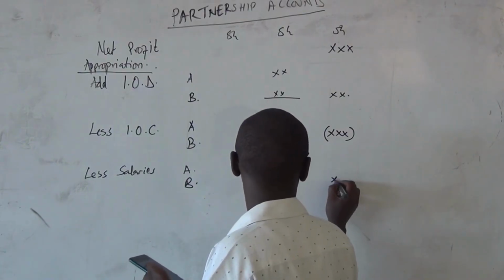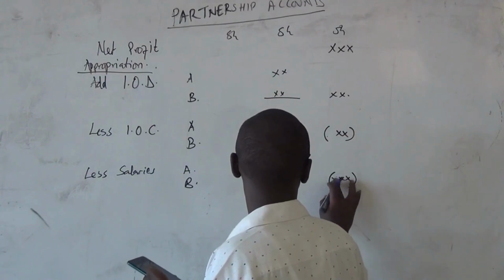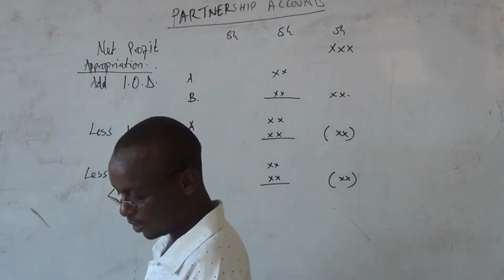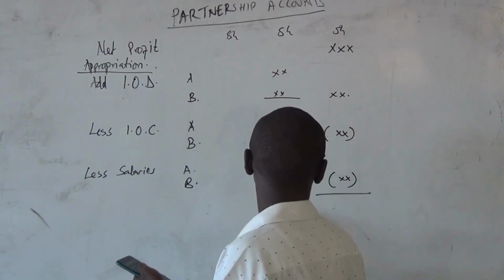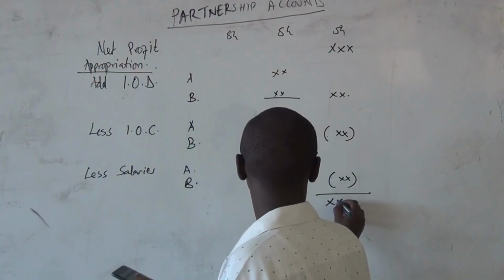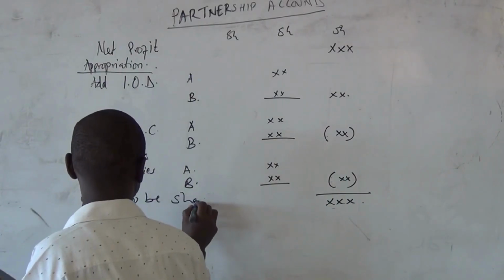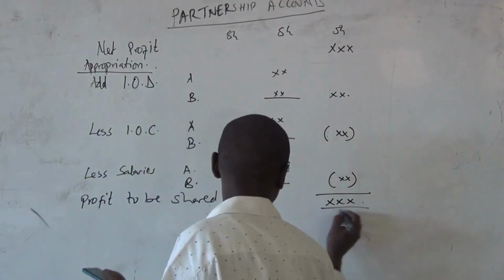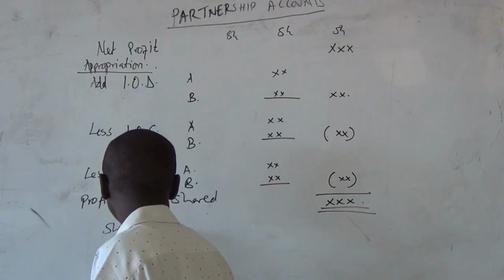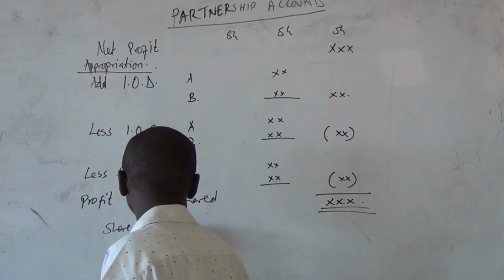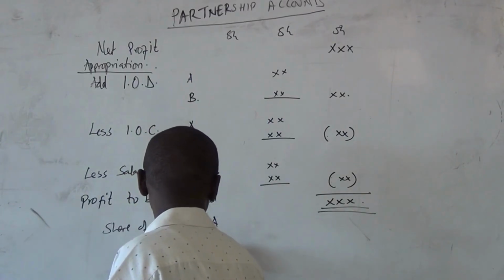You add, you get the total here, you less. Then you have the profit to be shared. This amount here, then you come down and say share of profit.